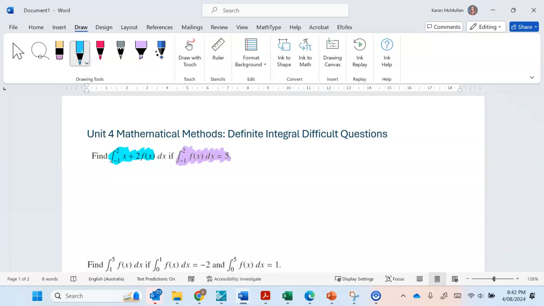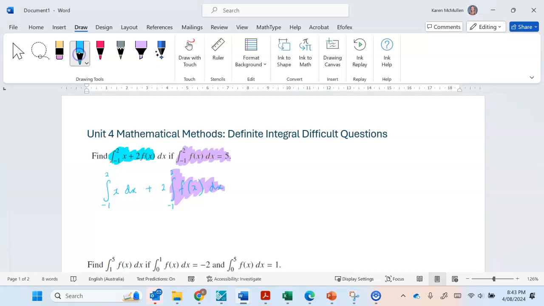All right, so with your definite integrals, you can separate them. If you have a definite integral of multiple functions, you can actually separate them. Now I'm going to take the 2 out the front of that integral, and you will notice that what I have just done is now the same as what we've got in purple.